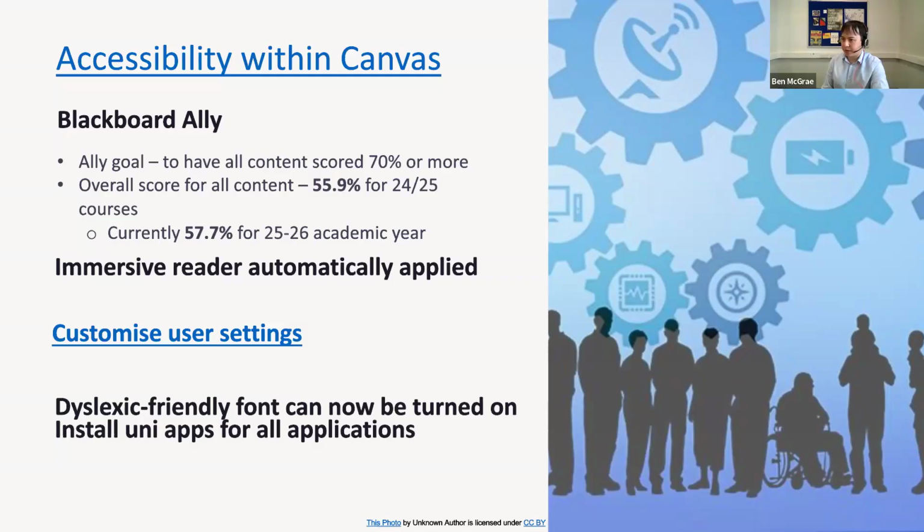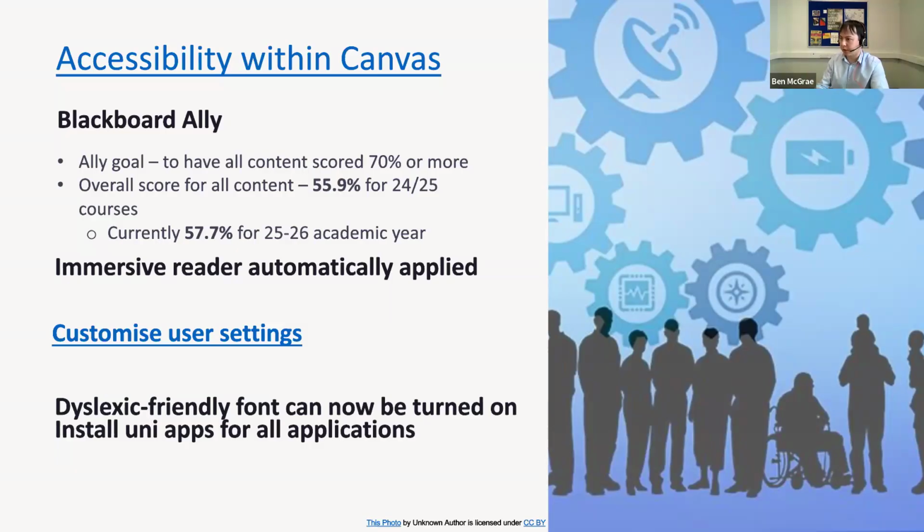I had a look at the stats this morning, because we are trying to aim for 70% or plus. Just to let you know, if you're not aware of it, it scans any documents or content, and it produces a score between 0 and 100% on what is being met by good accessible standards. So if you're missing things like alt text on images or headings on documents, the score will go lower.